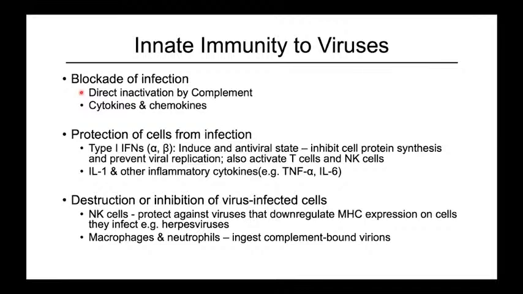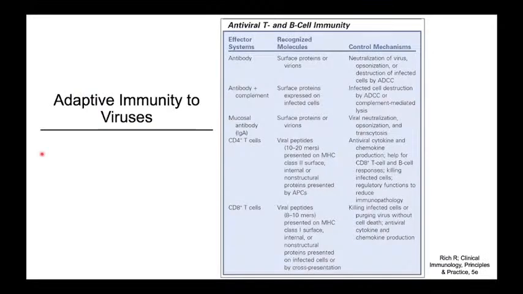So when natural killer cells come across cells that have downregulated MHC1, they become activated to destroy those cells, okay? And macrophages and neutrophils usually would ingest virions that have been opsonized by complement. For the adaptive immune responses, here we have involvement of both T and B cells.